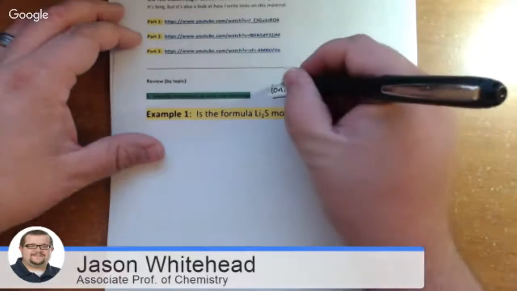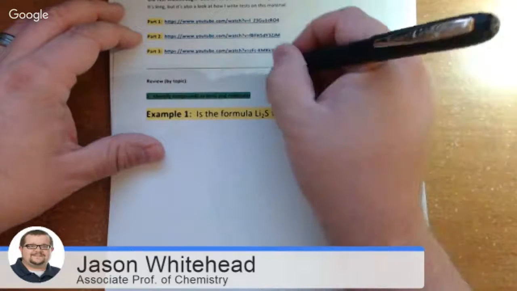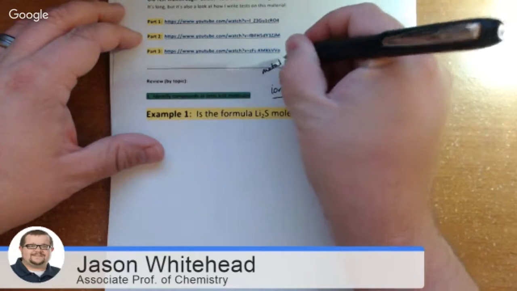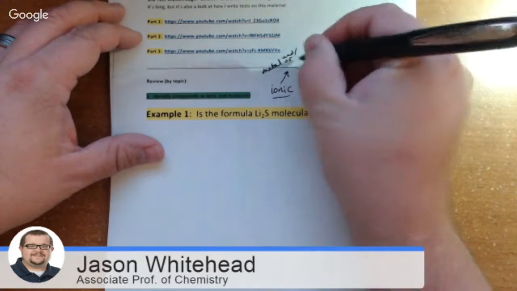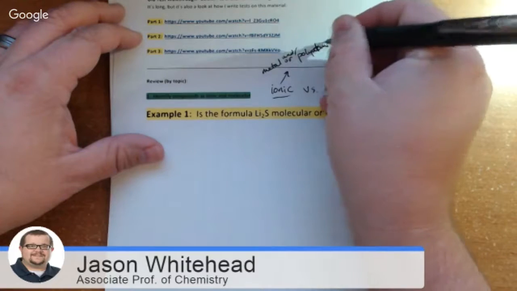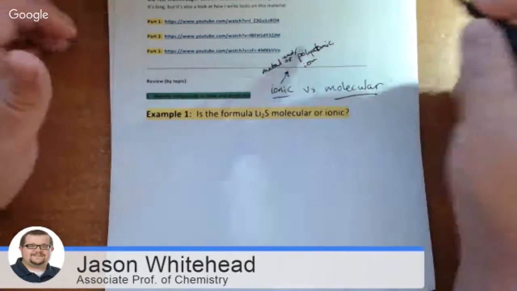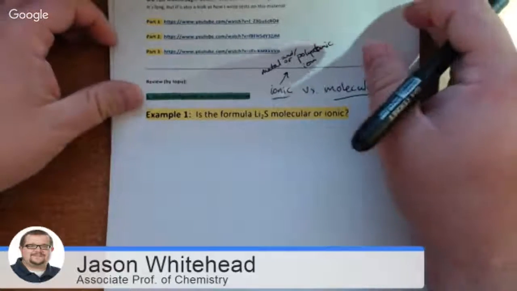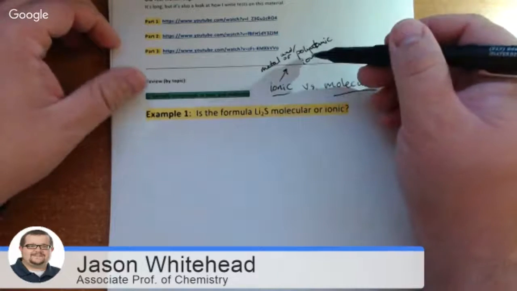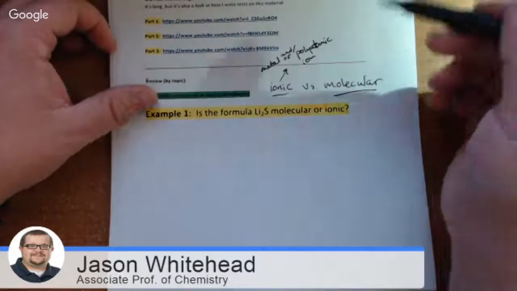So if we look at something that's ionic, it's going to contain a metal and/or a polyatomic ion. Now, we had a list of 10 polyatomic ions that we had to memorize. So to be able to ID these, we've really got to be able to spot polyatomic ions.